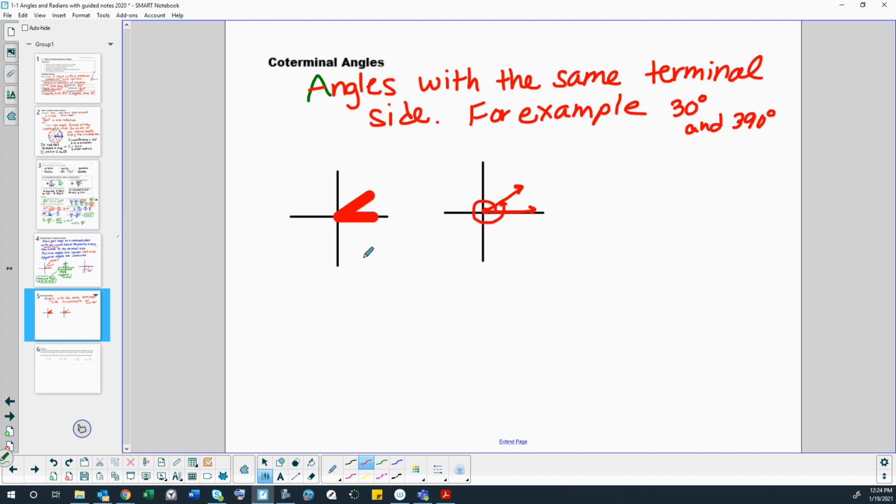How does this angle compare to that angle? It's basically the same angle on the graph, right? But it has two different names. So 30 and 390 are both coterminal.